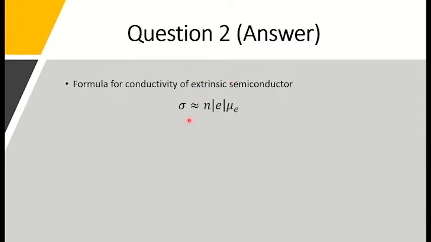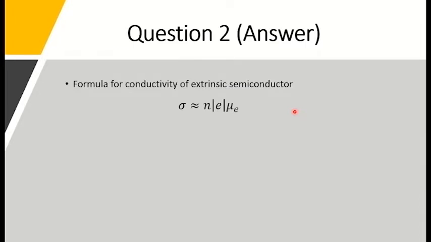Right here, it is not an exact value, that's why you have this type of wiggle equal sign. Because remember, you still have a contribution of hole, even though this is an N-type semiconductor. However, the concentration of the free electron is much more prominent in comparison to the hole.